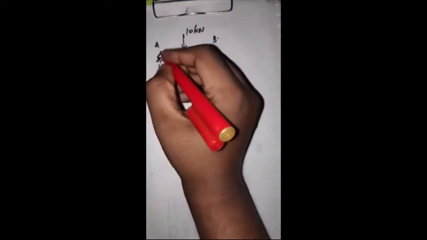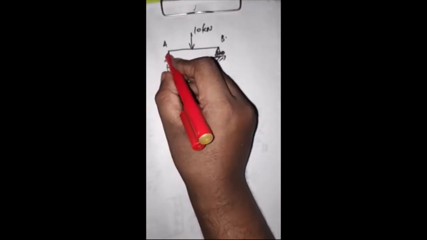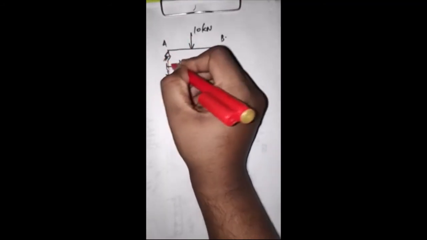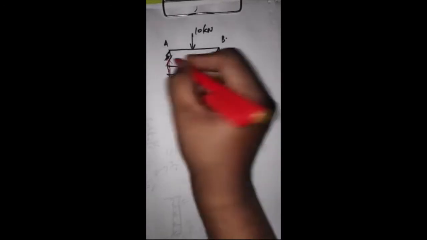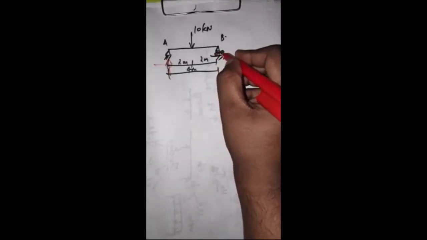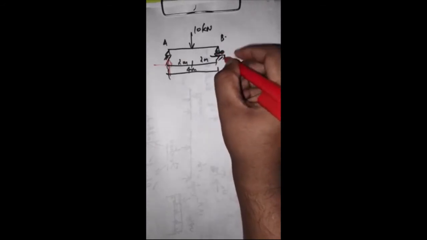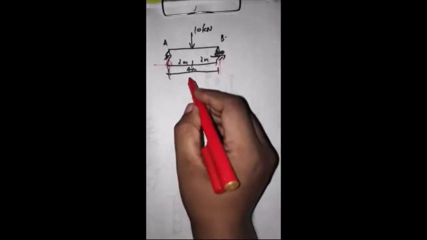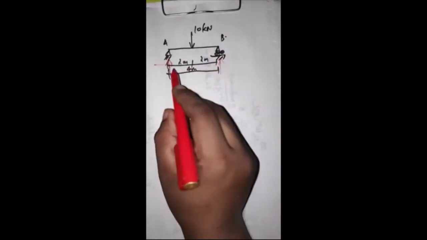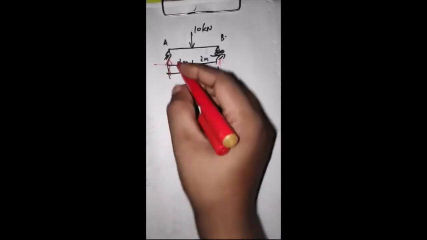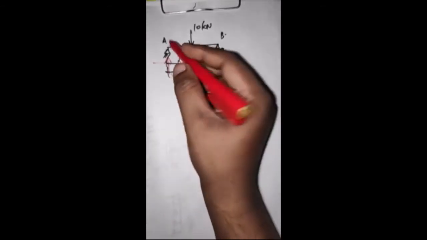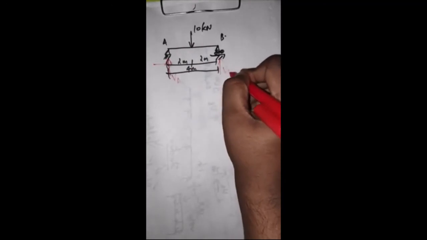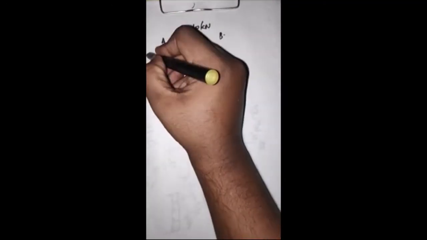Now, at this point, the possible reactions are: there can be a vertical reaction and there can be a horizontal reaction. For a roller support, since this is a horizontal roller, there will be only a vertical reaction.